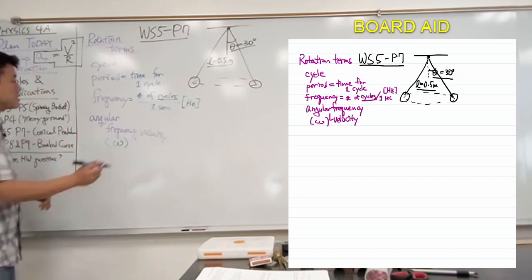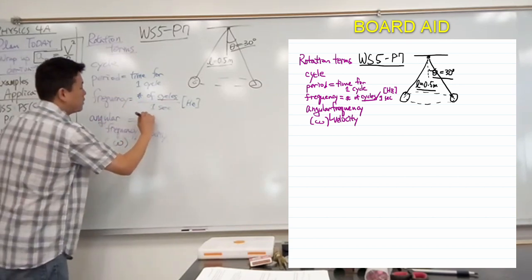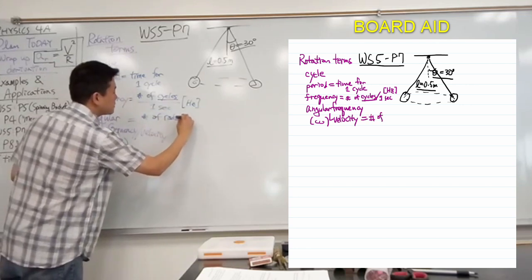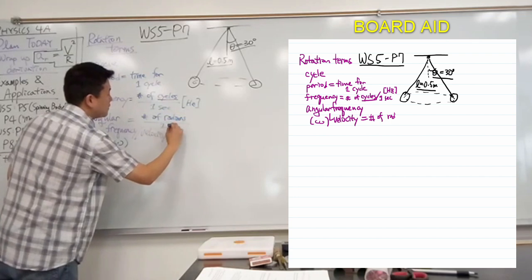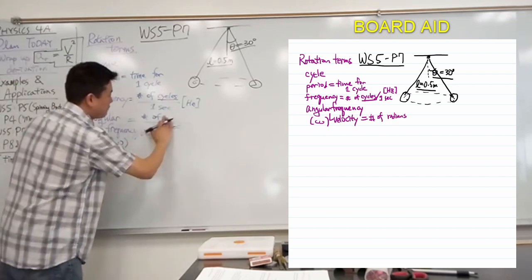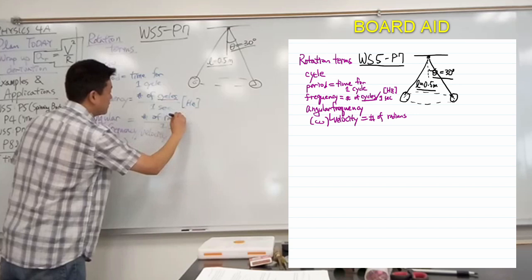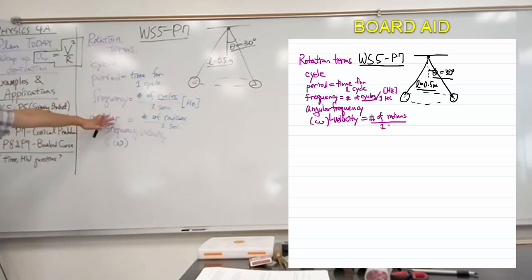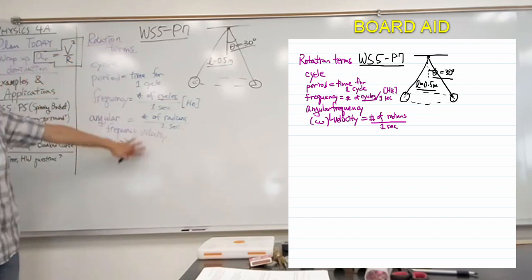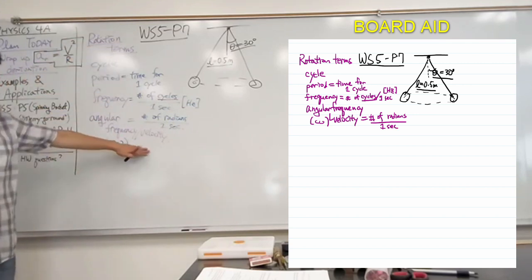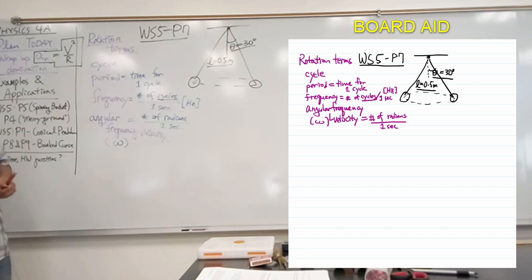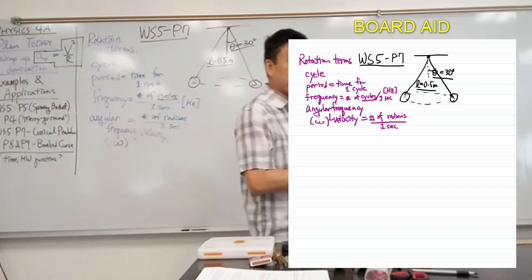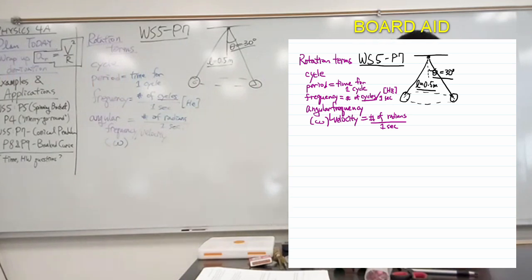So with angular frequency, it would be number of radians per second. And let me write out radians better. Radians per second. And you know what? I'll come up with a formula for this later. As I said, we're going to come back to this later in the semester to use it more fully. For now, I just want to introduce the terms so that I'm not losing people if I'm using any of those words.